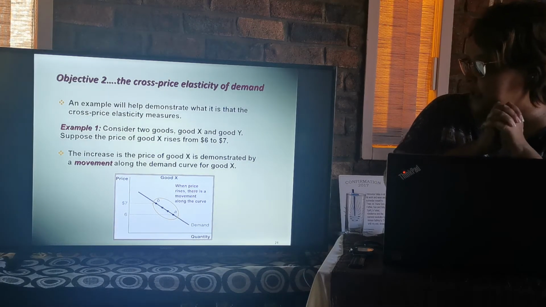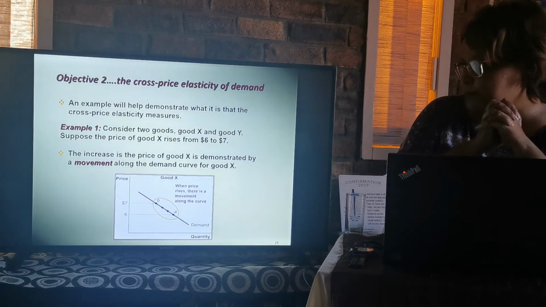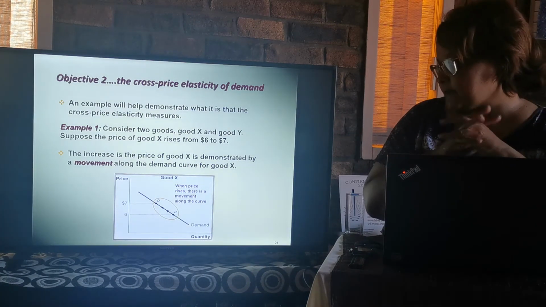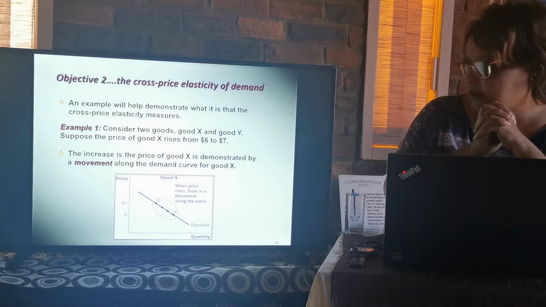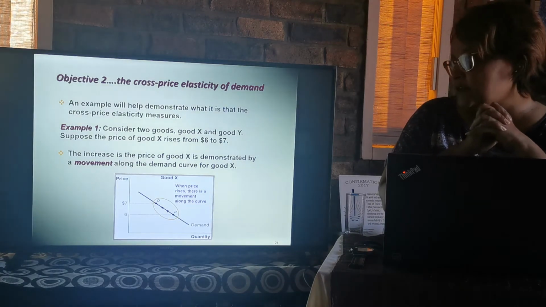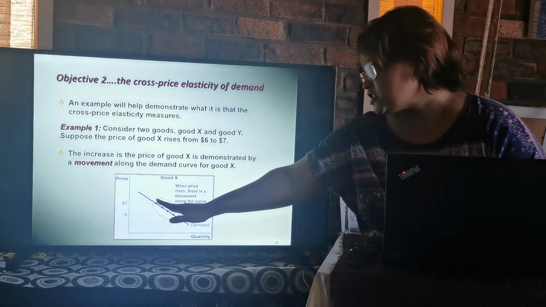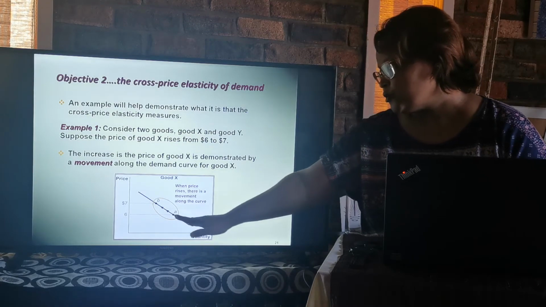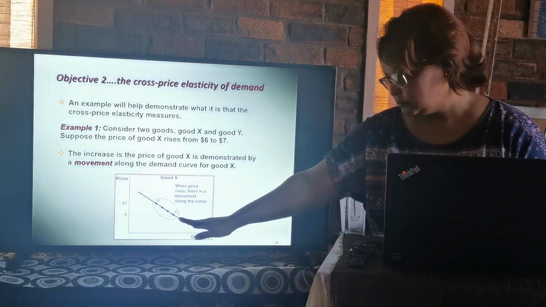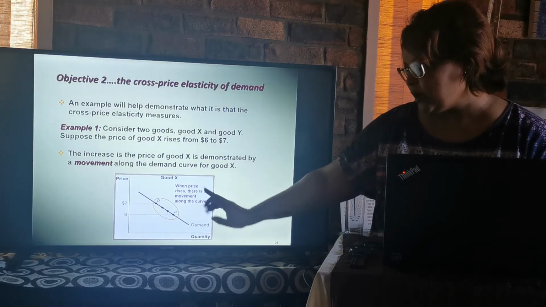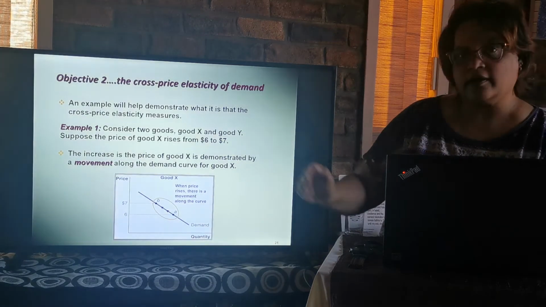Consider two goods, X and Y, Coke and Pepsi. Suppose the price of X rises from 6 to 7. The increase of the price of X is demonstrated by a movement along the specific demand curve for good X. Say, for example, Coke.